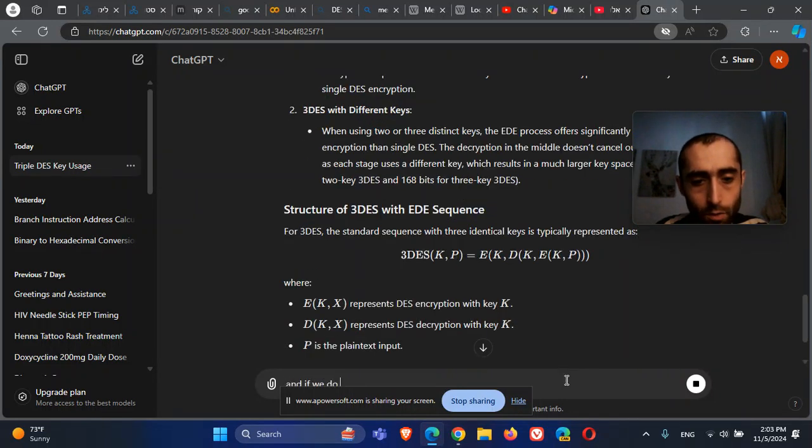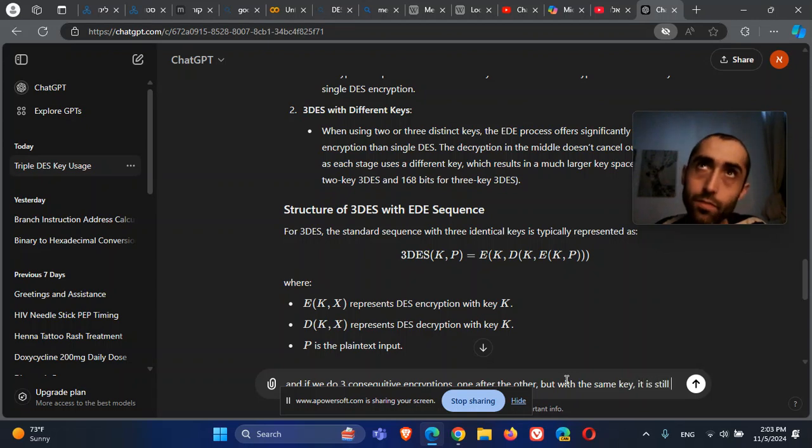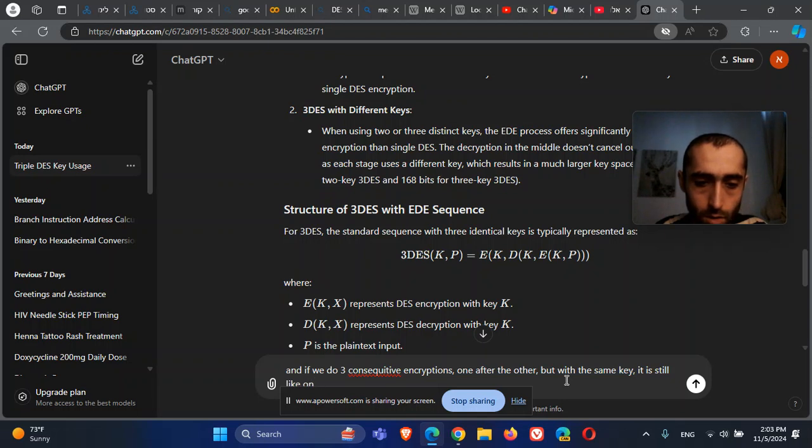And if we do 3 consecutive encryptions, one after the other, but with the same key, it is still like doing one.